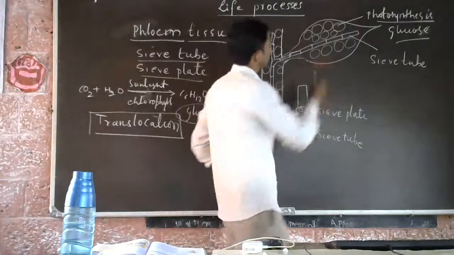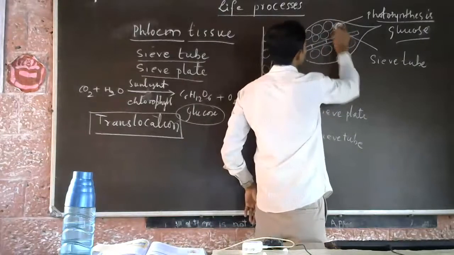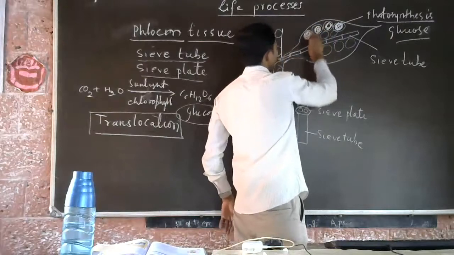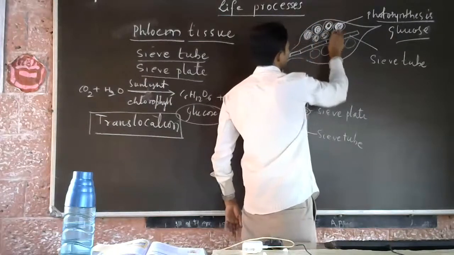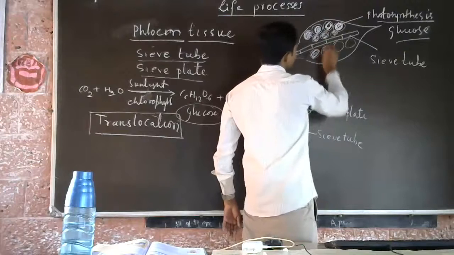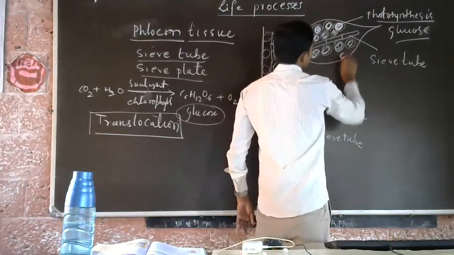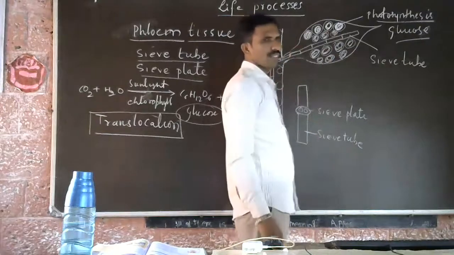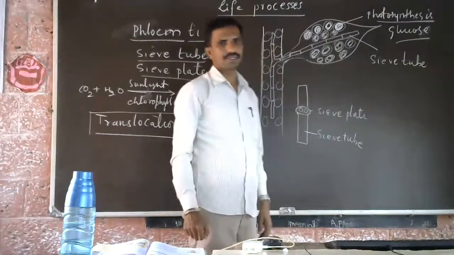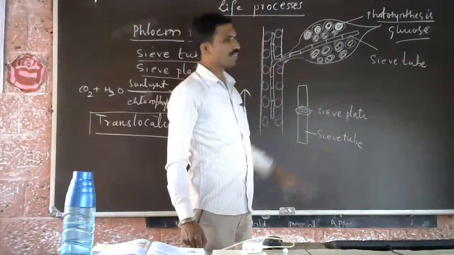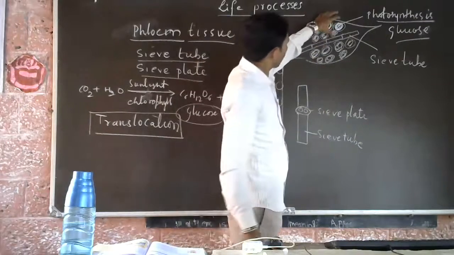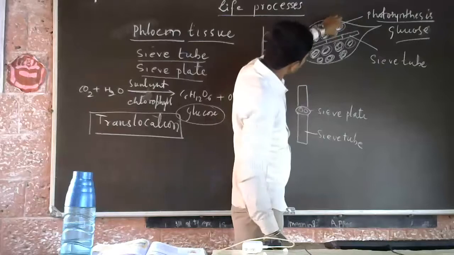Similarly here, you know that glucose is present in the cells. If you do photosynthesis, as you know, the vascular bundle does not do photosynthesis. So mainly in the leaves, the cells called parenchyma cells produce the glucose. Now the glucose is filled over here.